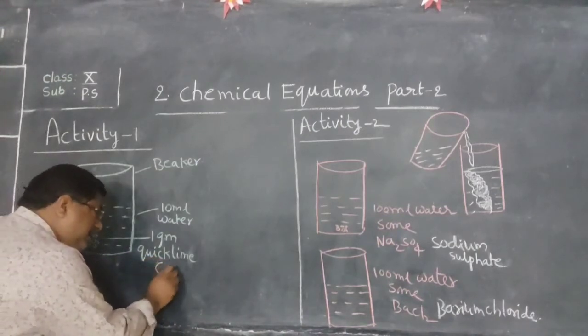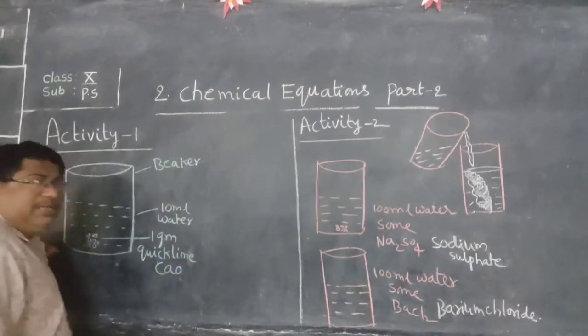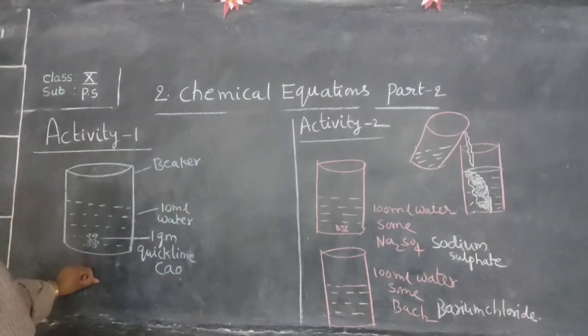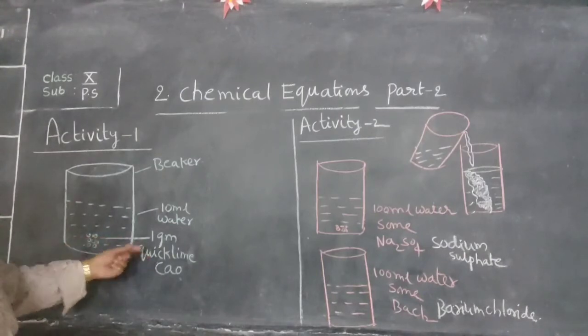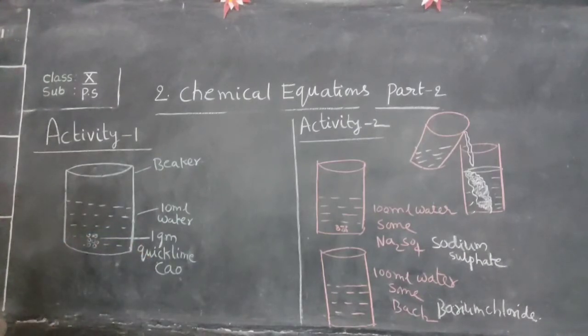The formula is CaO. It is also called calcium oxide, and 10 ml of water is added to the quicklime.